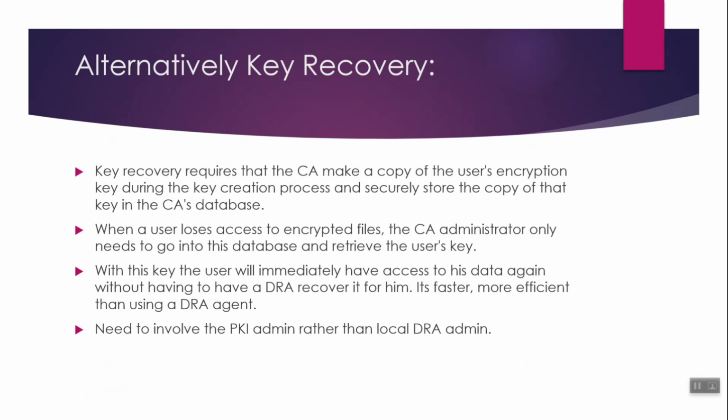The DRA will be decrypting the EFS key which was encrypted by the user's RSA and the DRA's key. Using the DRA's key, he will be decrypting it, file by file, and giving it to the end user. Not a very subtle experience, right?